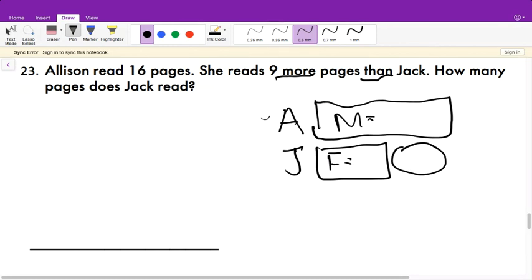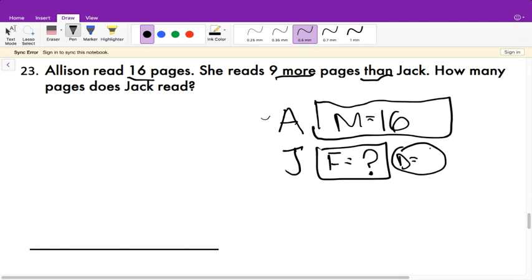So now I'm looking to see how many pages Allison read. And I can see the first sentence is Allison read 16 pages. So I'm going to write 16 here for Allison. Jack, it says she reads 9 more than Jack. How many pages does Jack read? So how many pages does Jack read is our question. So I need to put a question mark here for Jack's pages. Then the difference is how many more than or fewer than they've read.